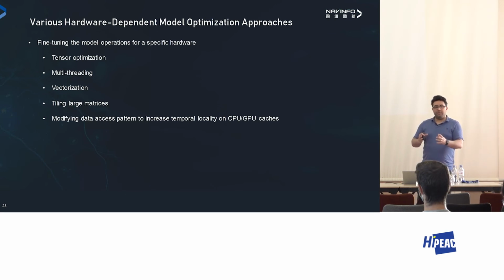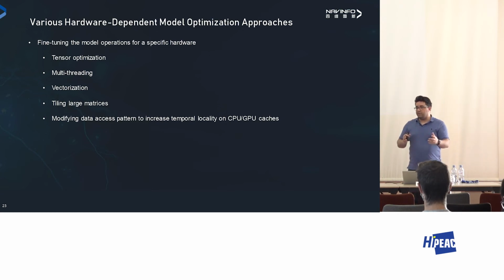So that matrix multiplication can be implemented in many ways. We will show that later. We can optimize the same matrix multiplication depending on the parameters of the matrix.